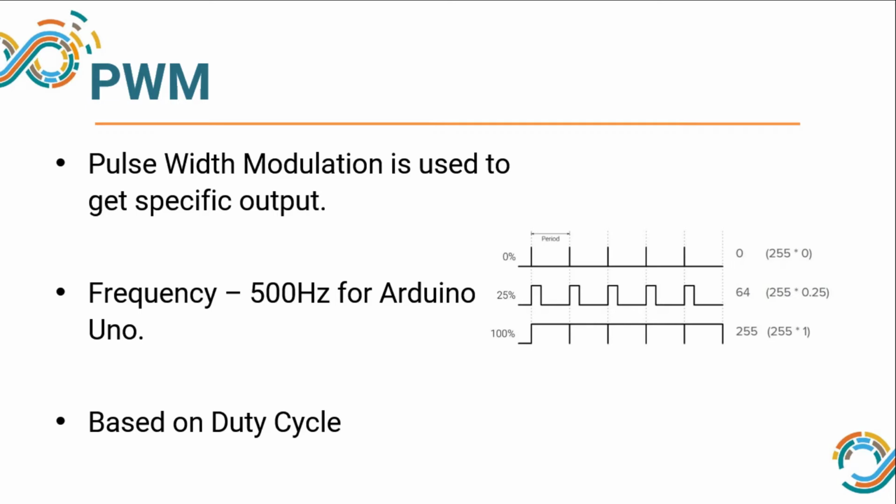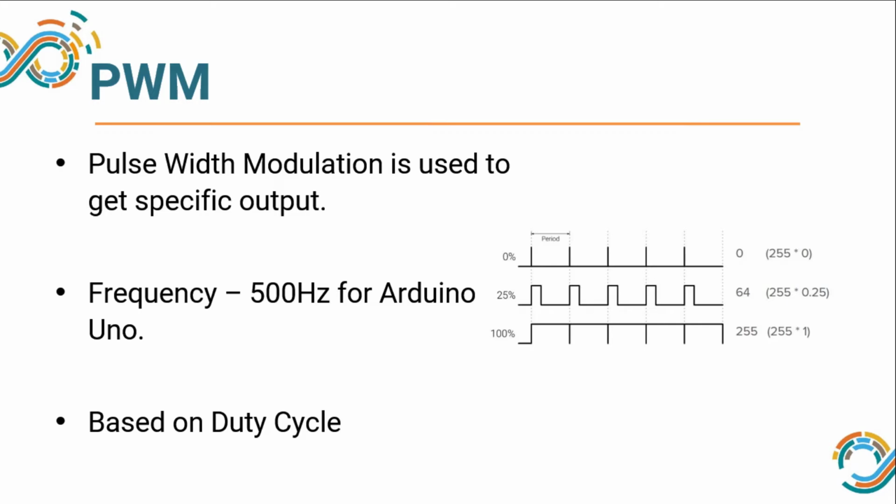That means every pulse has a fixed period, which is 1 by 500 seconds. Now, in that time duration, the time for which the value is high divided by the total duration is called duty cycle. And if you keep your signal high for more time, that means you are sending more power.